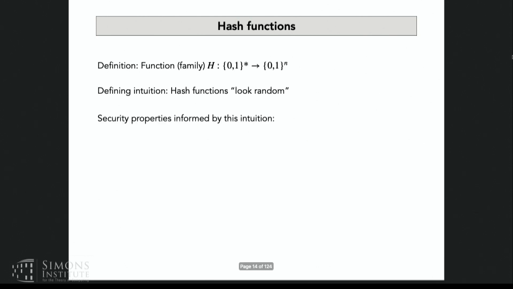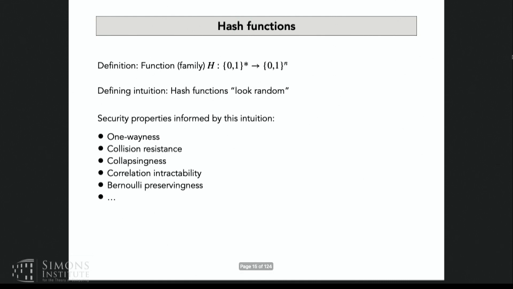There are a number of more concrete security properties informed by this intuition, including the ones I've put here, but this is not an exhaustive list. Most importantly, there's one-wayness, the property that for a random image of this function, I cannot find a corresponding pre-image, and collision resistance, which says that I cannot find two inputs that map to the same output.